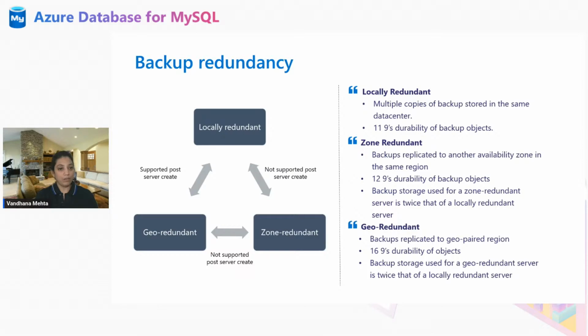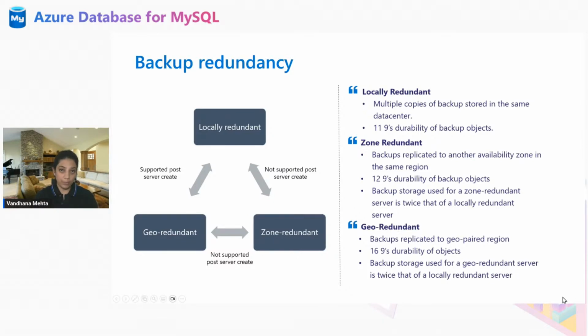The final option in terms of redundancy is geo-redundant storage, also known as GRS. This one gives you the highest level of protection. Your backup is actually copied into a secondary region that's hundreds of miles away from the primary region. So if there is a regional disaster or an outage, you can still restore your database using geo-replicated copies of the backup.